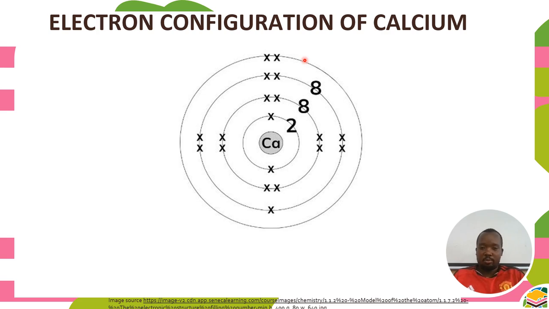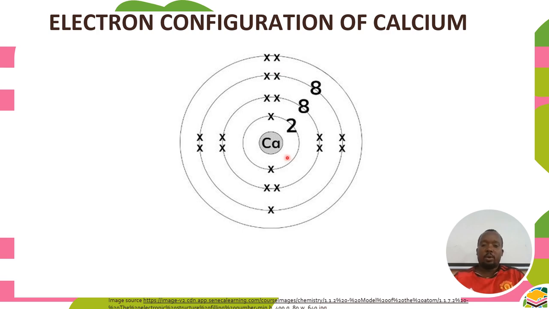What are we supposed to do? No problem. We are going to assign those remaining 2 electrons to energy level number 4. We have assigned 2 electrons.